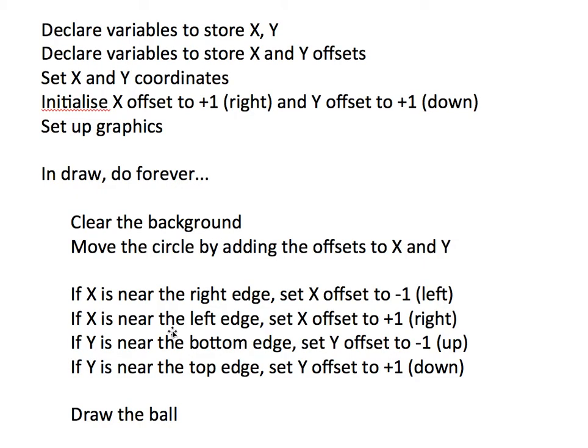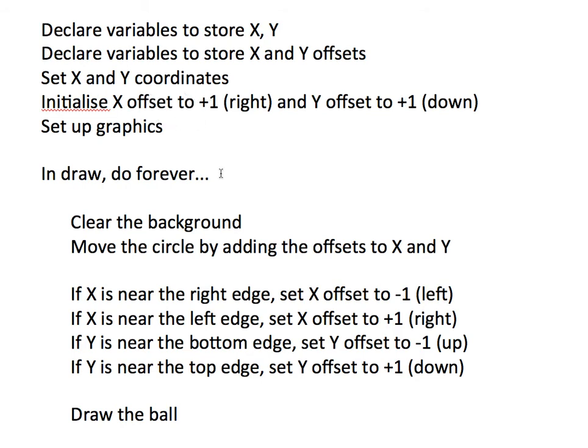So here's the basic algorithm for this bouncing ball. We set up a bunch of variables to store the x and y coordinates of the ball and the offsets. These offsets are basically either +1 or -1 values that we add to the x and y at every time step. Then we set the coordinates, initialize the offsets, and set up the graphics.